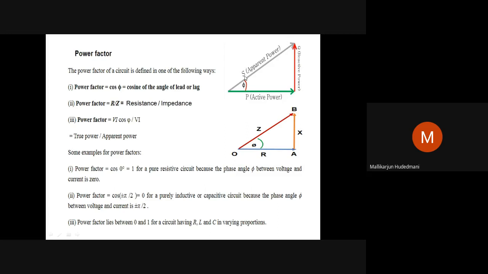Suppose I call S the apparent power, P the active power, and Q the reactive power. How can I write it? S equals the square root of P squared plus Q squared. That gives me the total power.